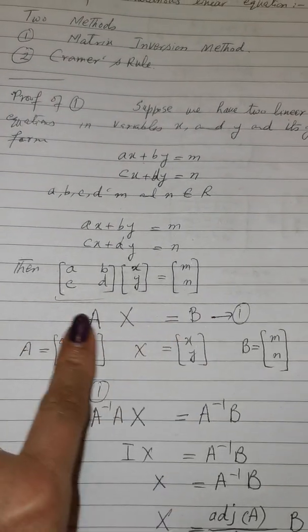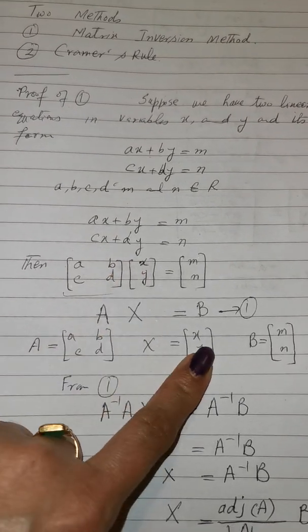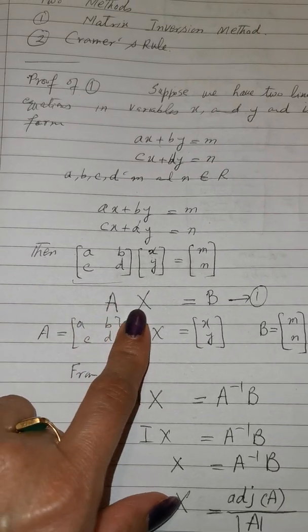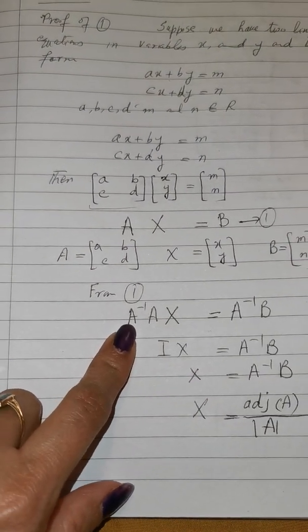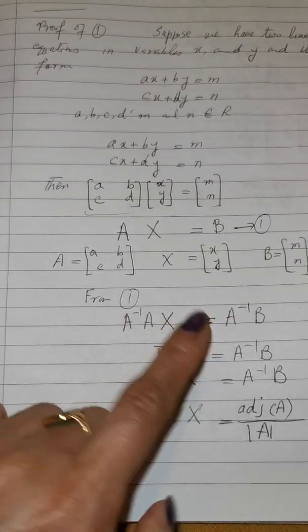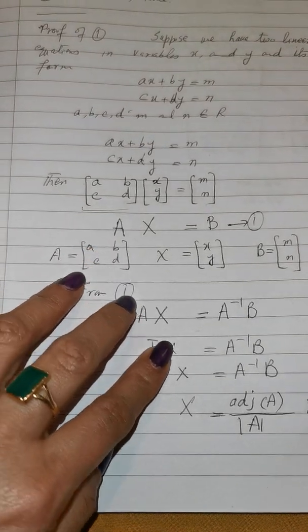So if I call them like that, then A will be like this, X will be this, B will be this. We have got this equation AX is equal to B. Now I will apply A inverse on both sides. Why am I applying A inverse on both sides? Because I need X only here.